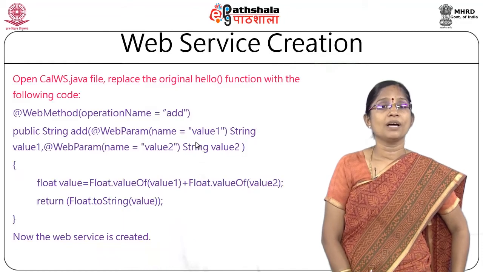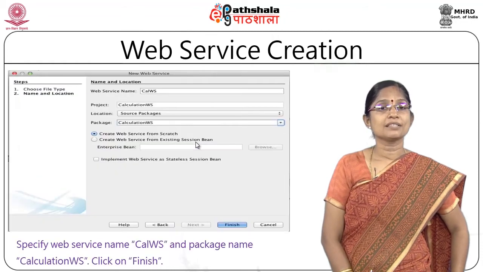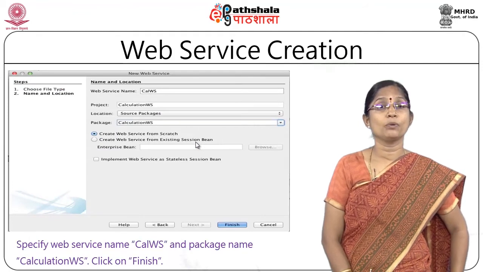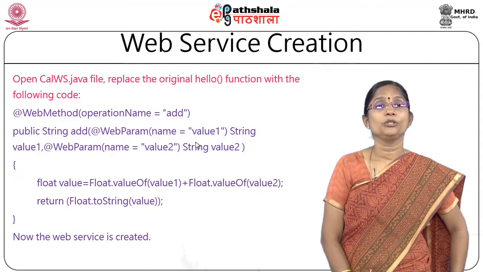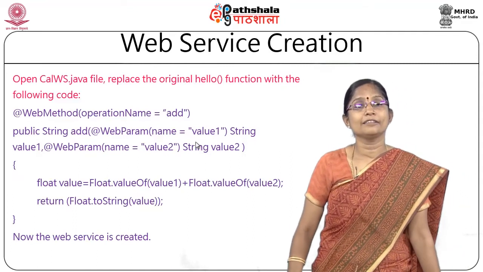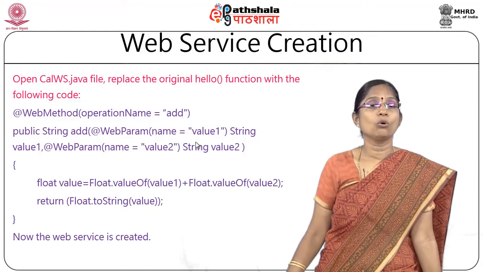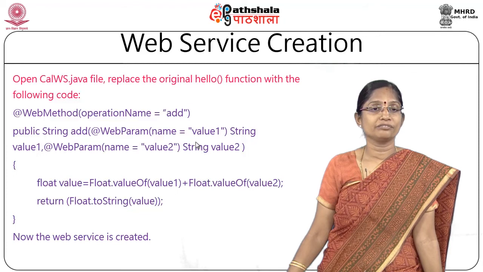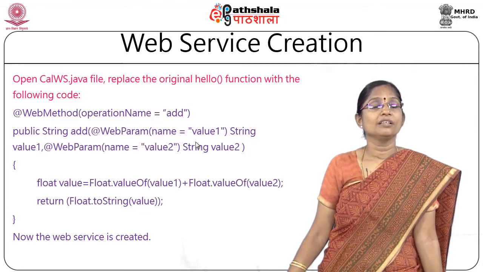Once you open this CalWS file in the editor, you will get the skeleton code. Inside the skeleton code, you can enter whatever code you want. In the skeleton, add a web method, and the operation name will be within quotes.